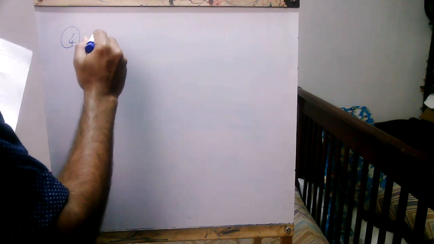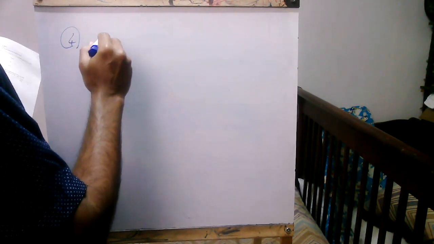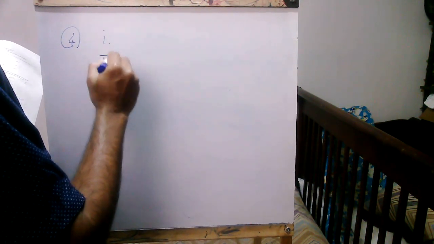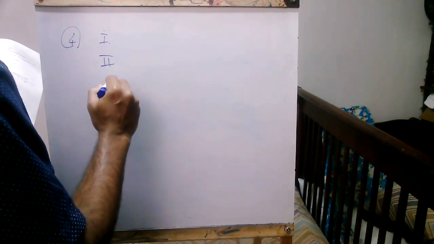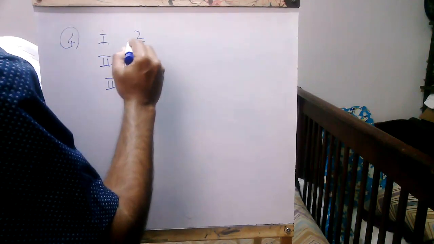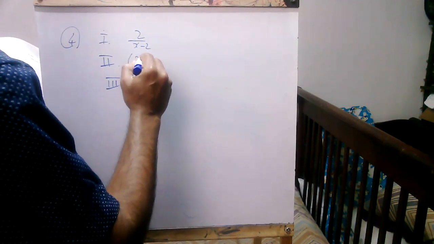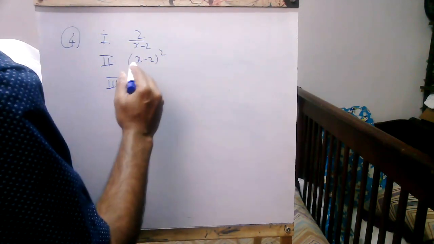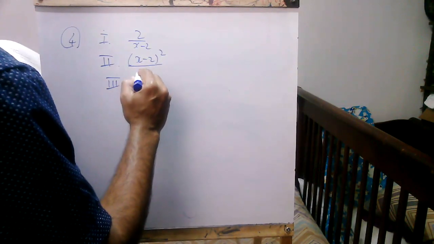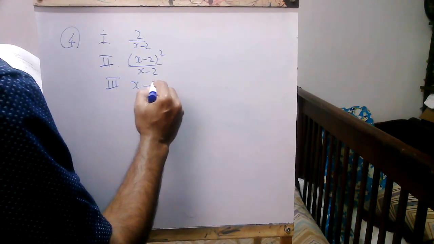They give you 3 functions: 1 is 2 over x minus 2, 2 is x minus 2 squared over x minus 2, and 3 is x minus 2.